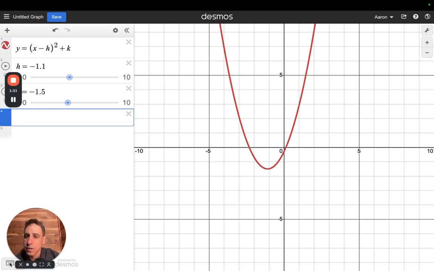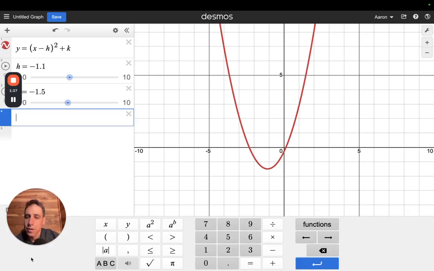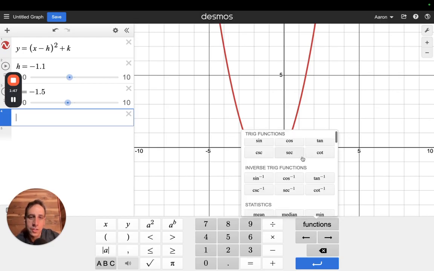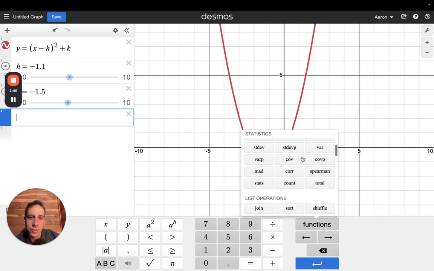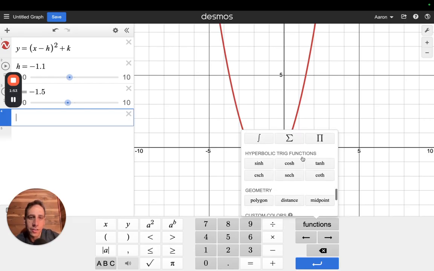I wanted to show you down here, there's a whole host of functions you can use. You press the keyboard button, here are the functions. Oh, here's absolute value, here's x squared. If you don't feel like typing it in, you can press the button. There are also trig functions, inverse trig, stat, list, calculus.